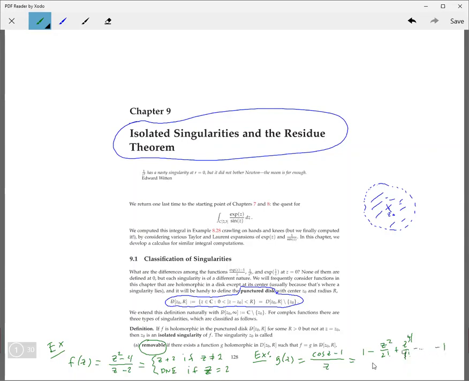And then you have this minus 1. These ones are going to cancel. And then the Z is going to interact with those, and you're going to get negative Z over 2 factorial, plus Z cubed over 4 factorial, and then the next one is going to be Z to the 5th over 6 factorial, and so on.